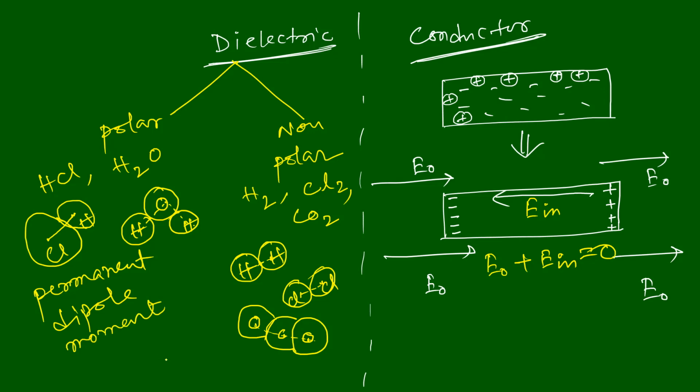And non-polar molecules don't have a permanent dipole moment. We have to understand what happens when polar and non-polar molecules are placed in an external electric field. As their structures are different, their properties are different, and now we are going to study them.